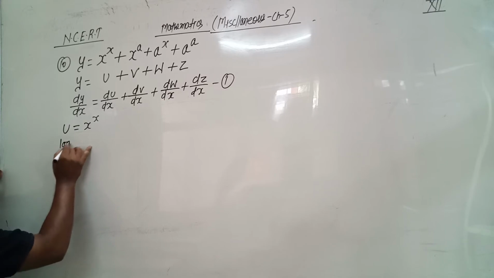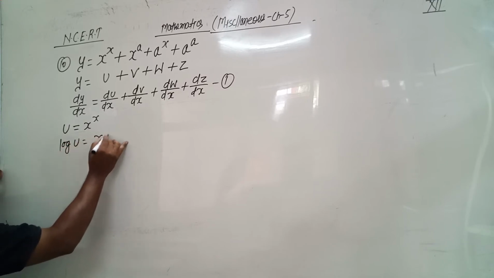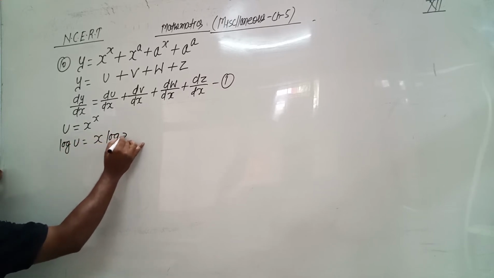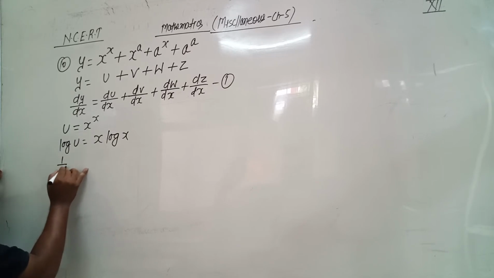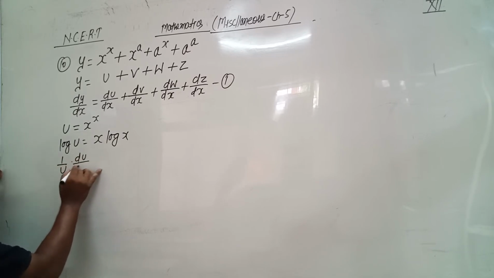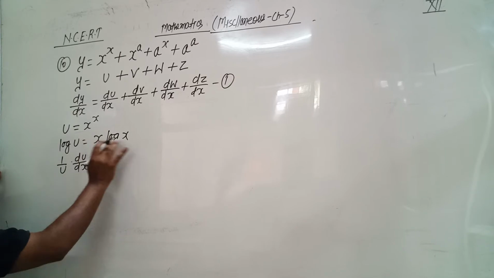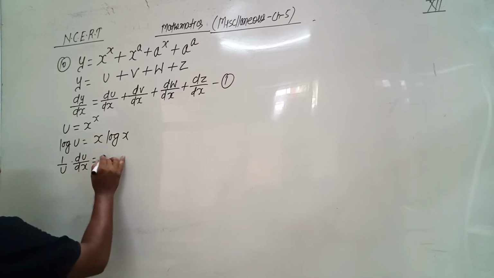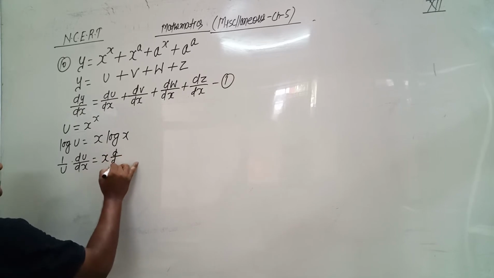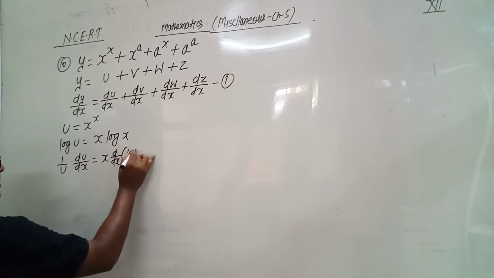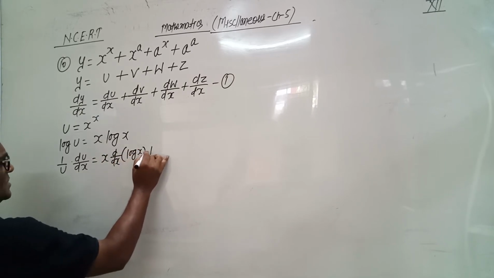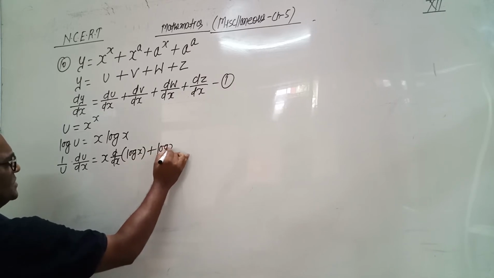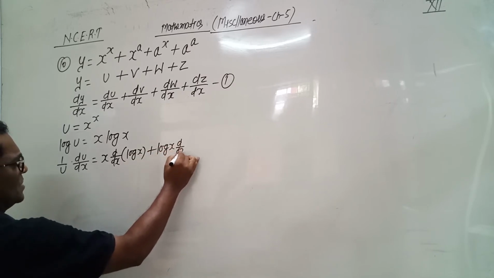So log of u equals, it becomes x log x. Differentiation of log u is 1 by u and differentiation of u is du by dx. This will be differentiated in the form u into v. So x as it is, d by dx of log x, plus log x as it is and d by dx of x.